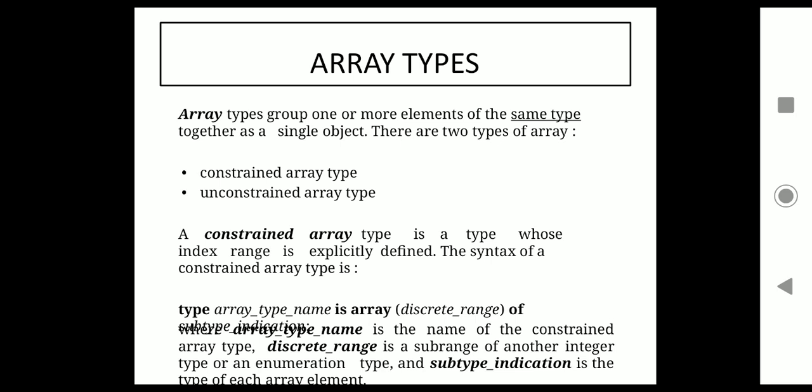Now, the discrete range is a subrange of another integer type or an enumeration. That means whatever discrete range you define in the array type is a subrange of another integer type or can be of enumeration type. Then the subtype indication is the type of each array element. Now, whatever types you are using in that array element, you have to declare its subtype in that subtype indication.